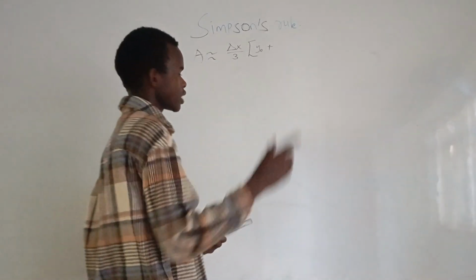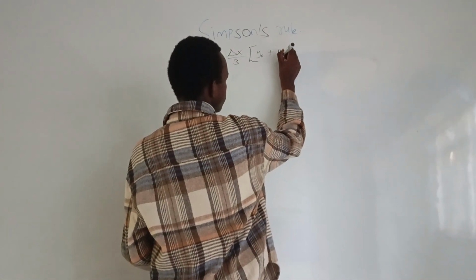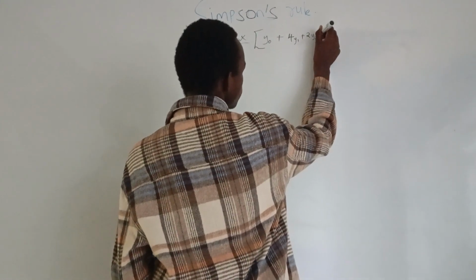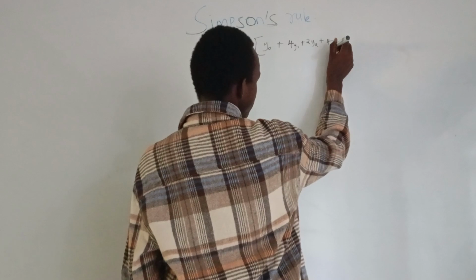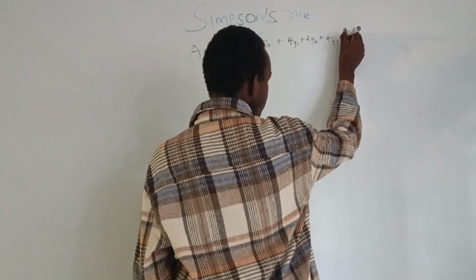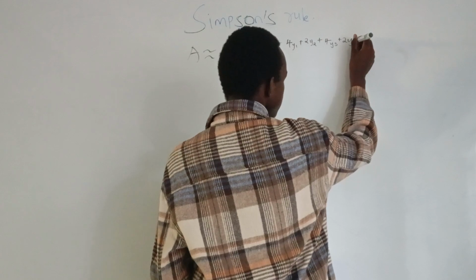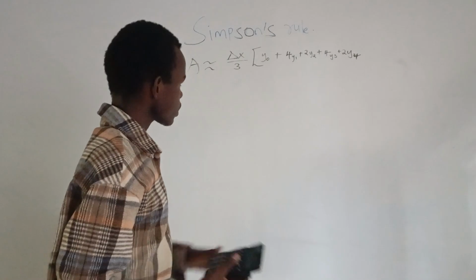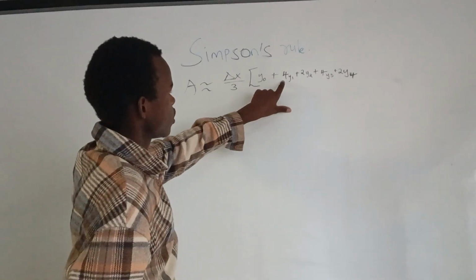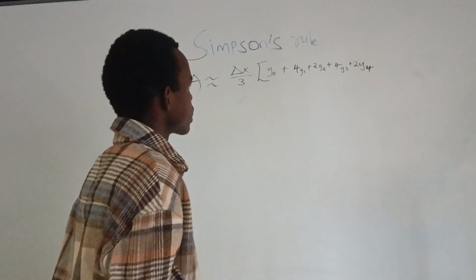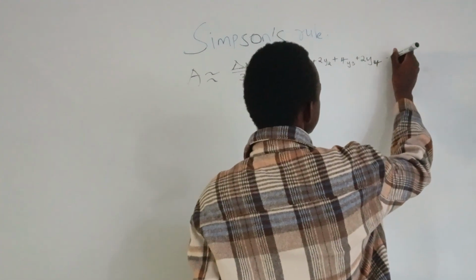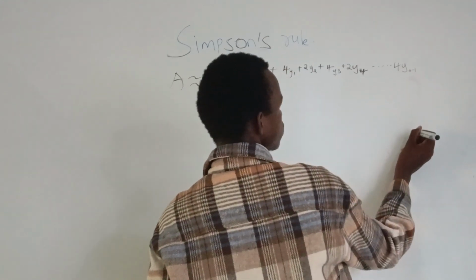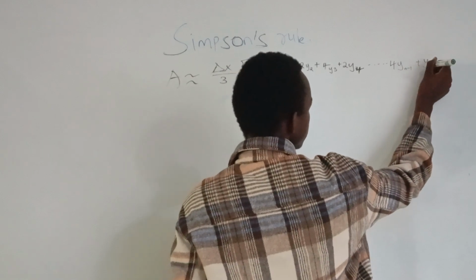We usually start with 4. So I usually say 4 y1 plus 2 y2 plus 4 y3 plus 2 y4. So we just alternate 4 and 2, 4 and 2, and the process continues till we get 4 times y of n minus 1, plus y of n.